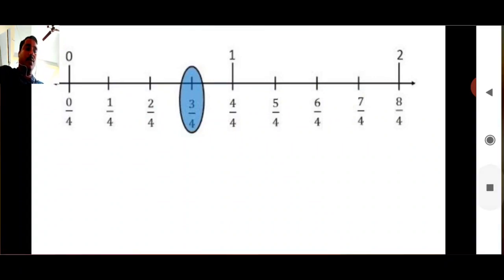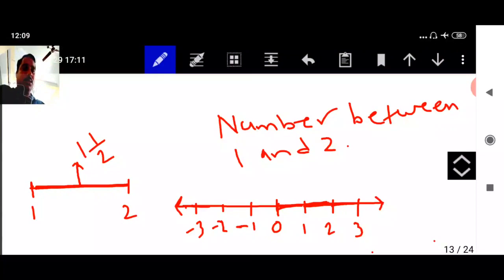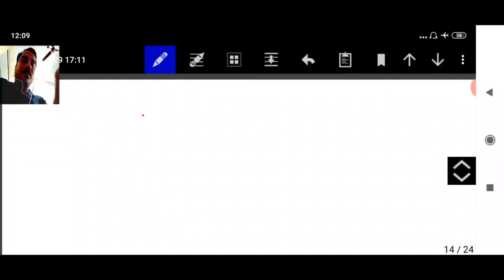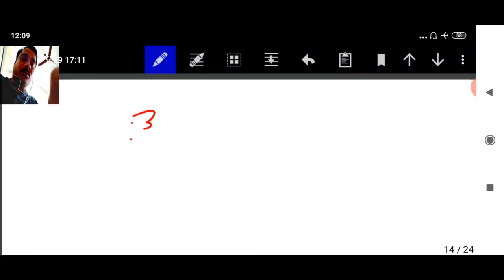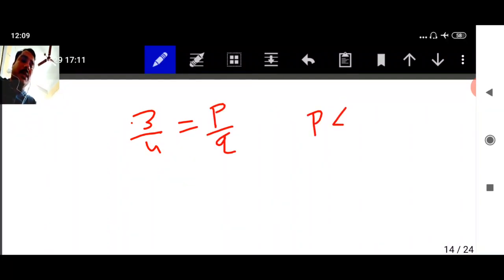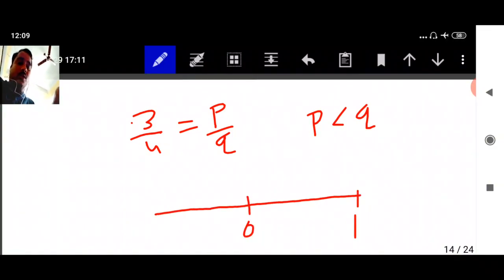In 3 by 4, if we write it in p by q form, then p is less than q, and this number lies between 0 to 1 or 0 to minus 1.